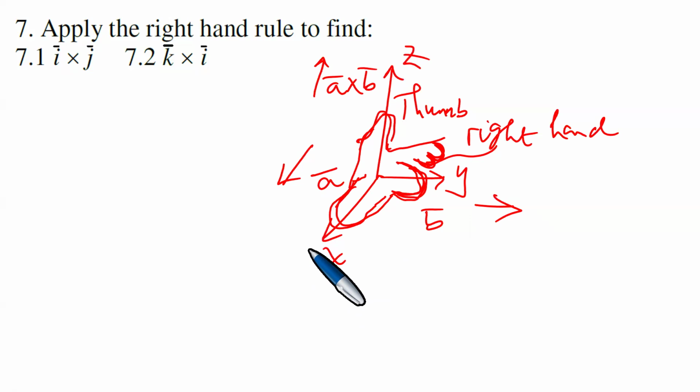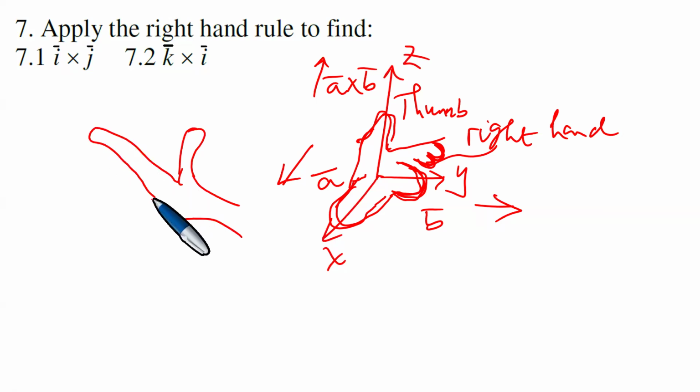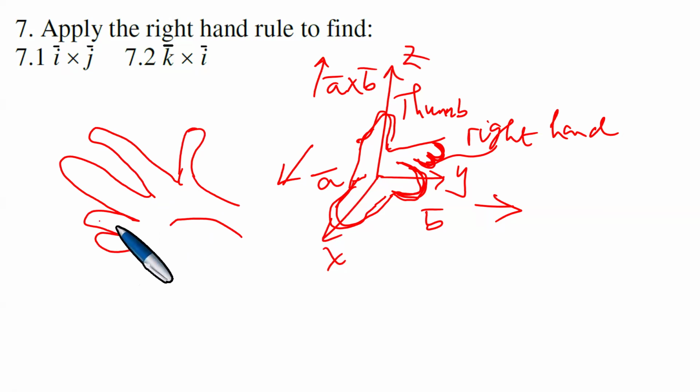So use exactly that. You can use the right hand and draw like this, and here is the hand. You have a finger here, another finger here, and these other fingers you bend a little bit, so you have sort of the nails here.